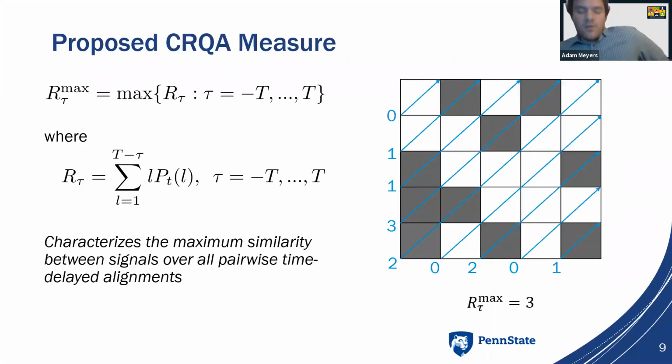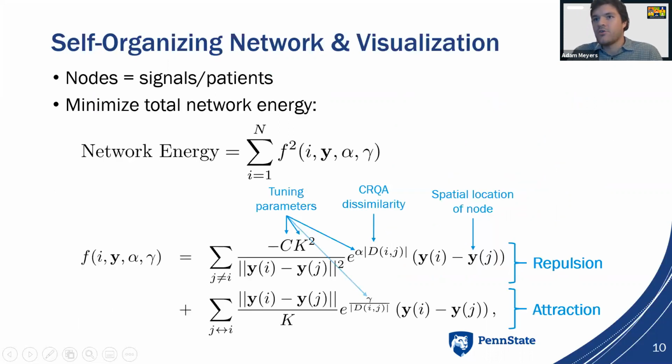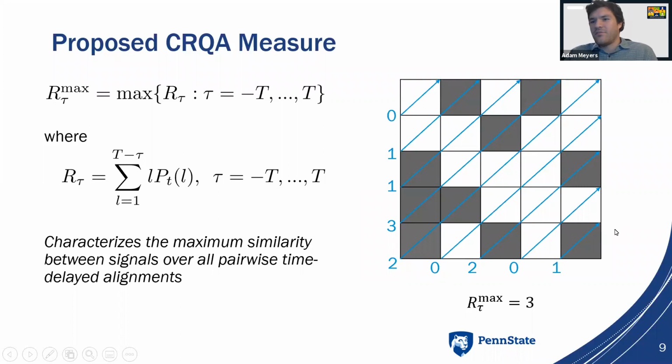We're going to propose another cross-recurrence quantification measure for this paper. It's called R-tau max. This is just a quick example to show you what it does. It's a 5 by 5 cross-recurrence plot. Very simple. Usually they're much larger than this, but this is just an illustrative example.